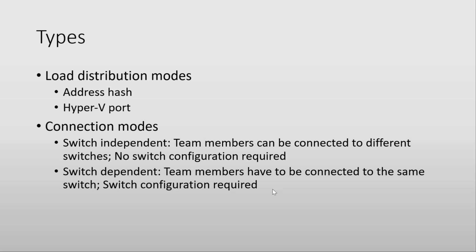In this mode, the team members can be connected to more than one network switch, and the best thing is that the switch does not require any configuration, as compared to switch dependent mode, in which your NICs have to be connected to the same switch, and that switch has to be configured so it knows that some NICs with teaming are connected to it. So I really like switch independent.